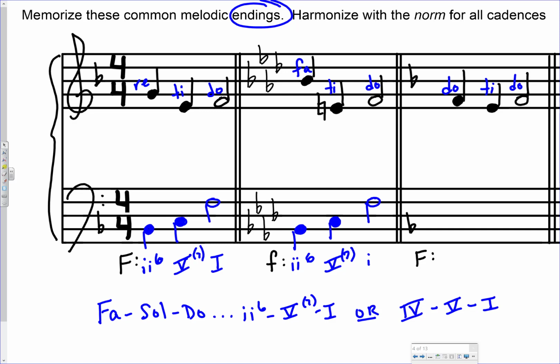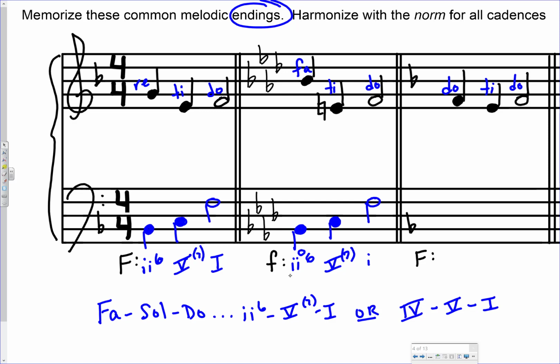Any guesses? Well, remember that in minor keys, the 2 chord is diminished. So I'm going to need to put my circle right there. That's a 2 diminished 6 to a 5 or 5/7. That's major because of the leading tone E natural that we raised from E flat, going to the minor 1.